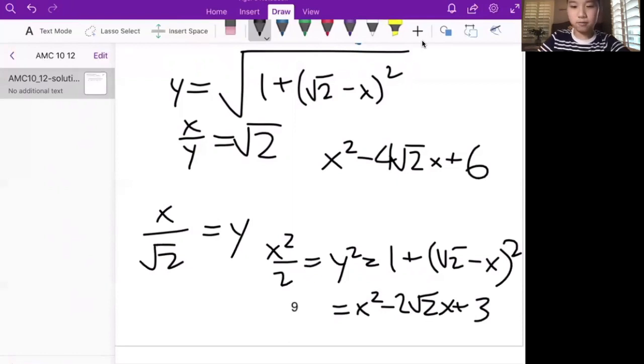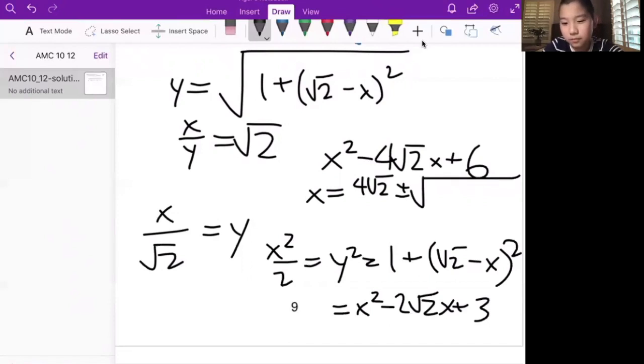So now, let's do the quadratic formula. We'll get x equals 4 root 2 plus or minus the square root of b squared, 32, minus 4ac, 24, over 2.